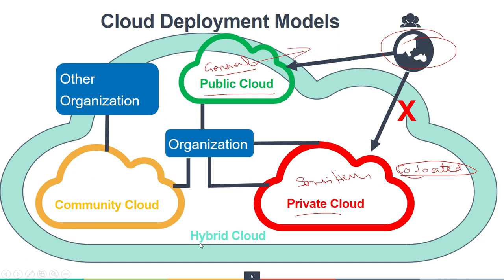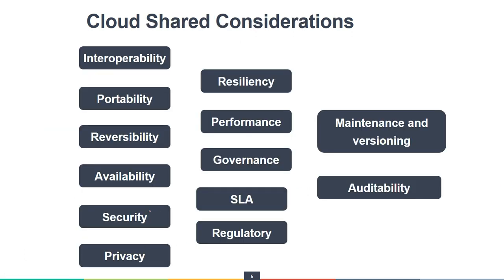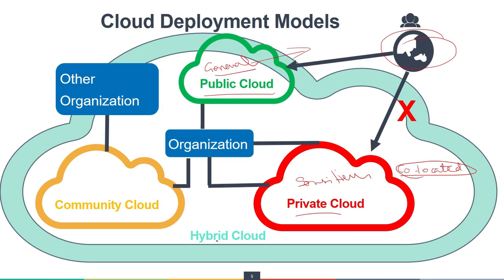The last one is the hybrid cloud. This is the overall one. This covers almost everything. This can have a community cloud, a public cloud, a private cloud, and more than one cloud also.